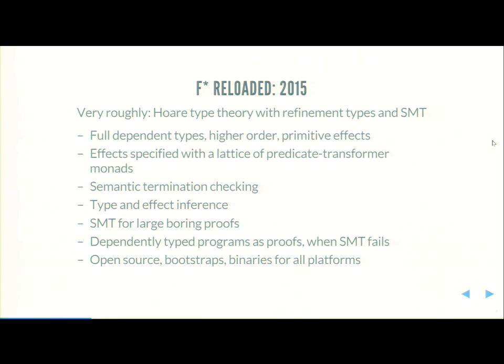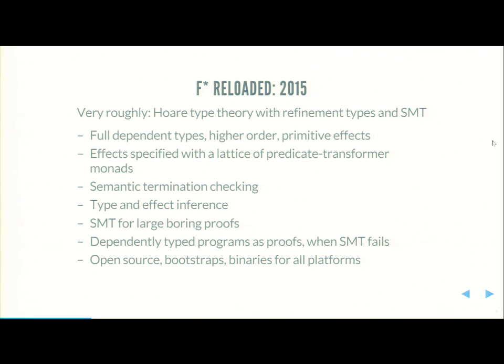Revealing some details, unlike Hoare type theory, effects in F-star are primitive, so we run like in ML with primitive state and exceptions and I/O and so on. Instead of using Hoare types, which are these triples, under the covers, effects in F-star are really specified using a lattice of predicate transformer semantics. So we take predicate transformer semantics as the primitive notion and build Hoare triples on top of it.